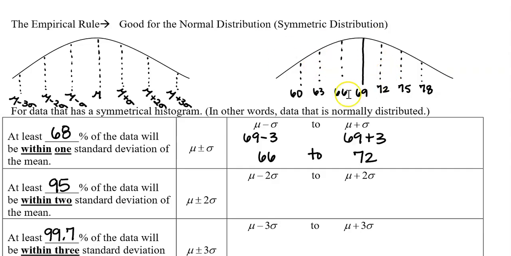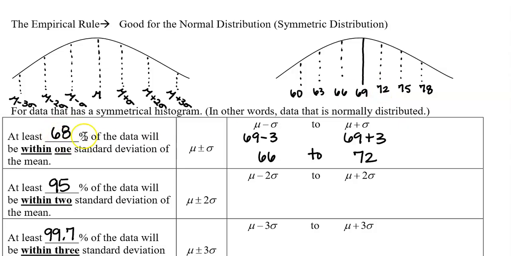That's why in this bell chart, I have my mu in the middle. That 69 represents the mean. I have subtracted one standard deviation to take me to 66 and added one standard deviation to take me to 72. Now, if 68% of the data falls between the 66 and the 72, and this data is symmetrically distributed, that means that the piece between the 66 and the 69 must be the same size as the piece between the 69 and the 72.